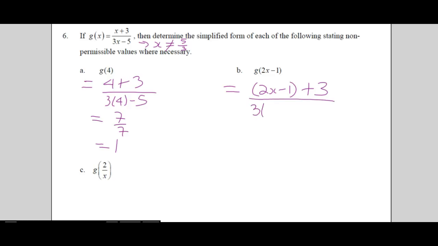That way I don't forget that the whole quantity is what has to be multiplied by 3. Now we can just simplify this, work it out. So 2x plus 2, 6x minus 8. Do you mind if I just go straight to minus 8?